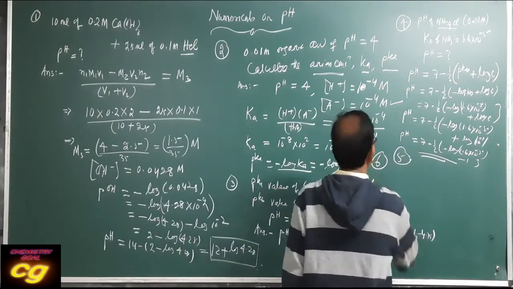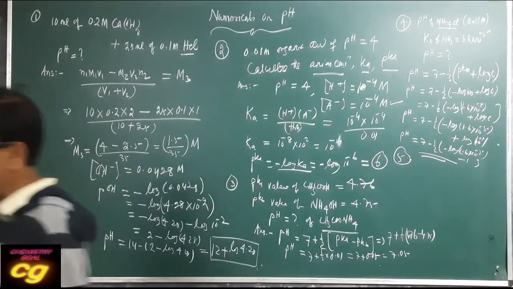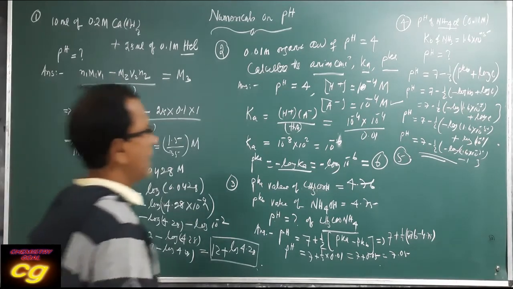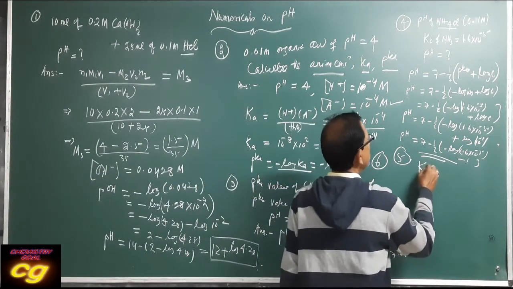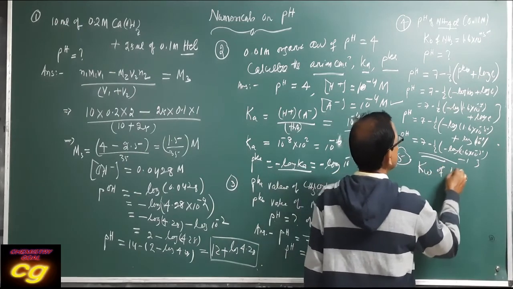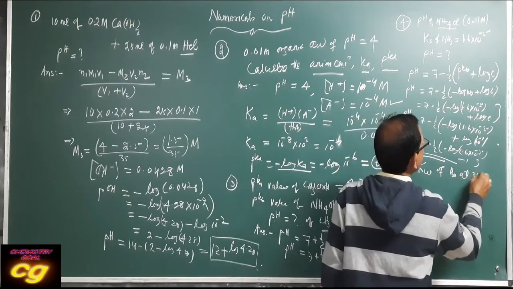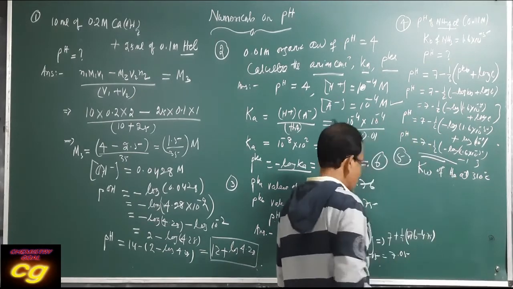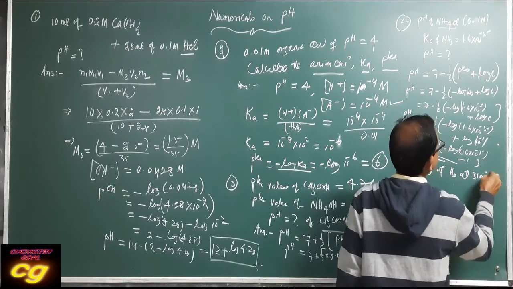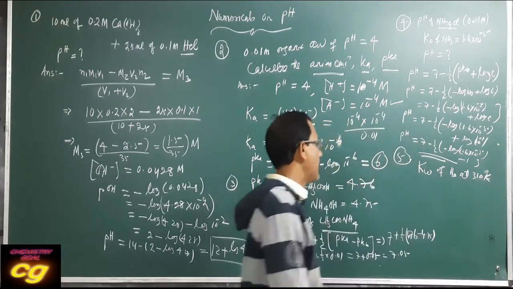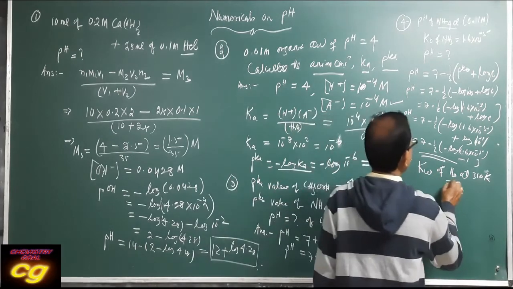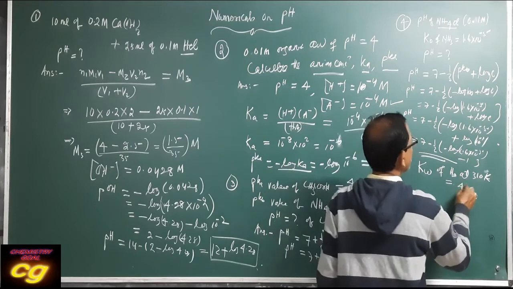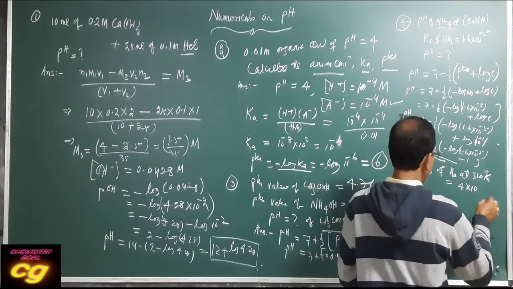Then question number 5. The question is like this. Kw is given. The ionic Kw of water at 310 Kelvin is 4 into 10 to the power minus 14.